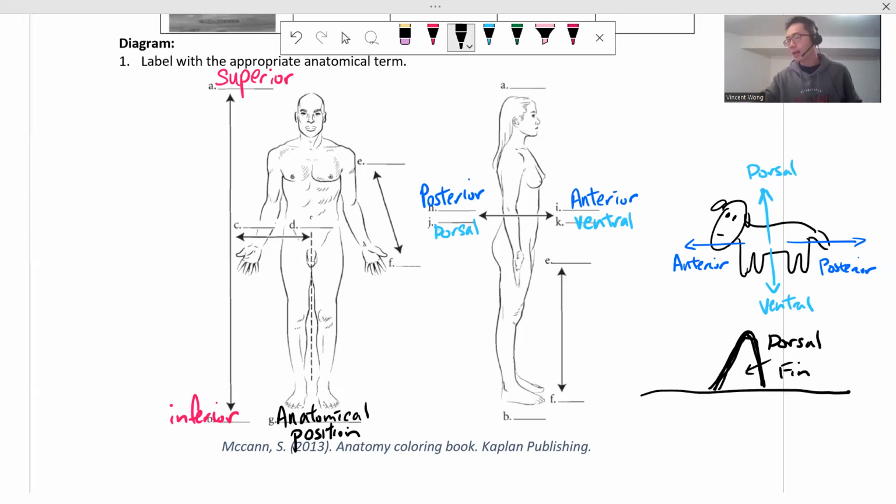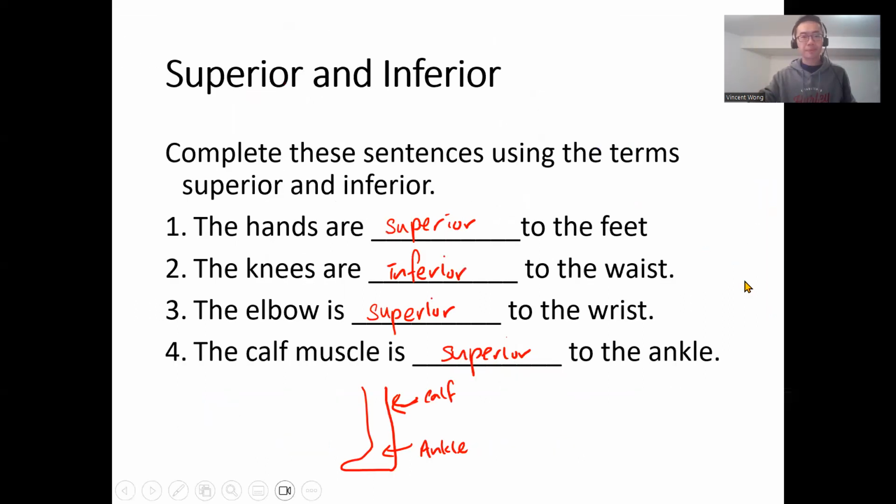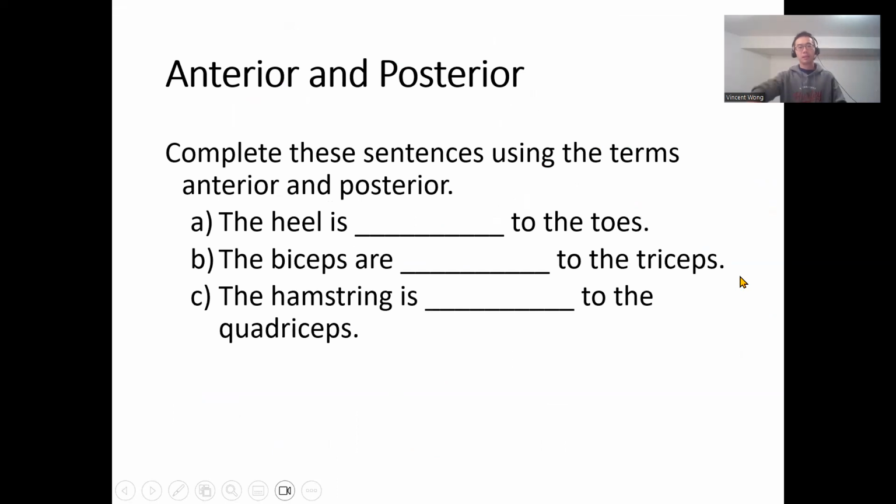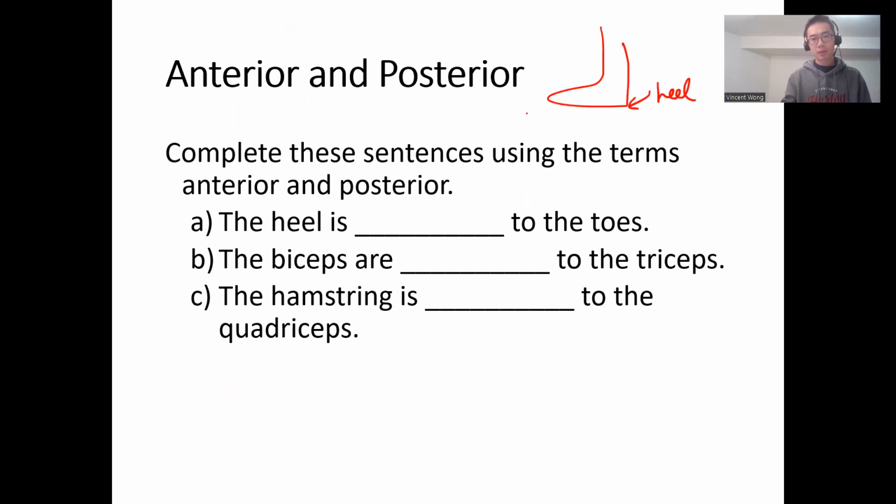All right, let's do some more PowerPoints. The heel is blank to the toes. If you think about the feet, the heel is right here. Toes, I think you know where the toes are.